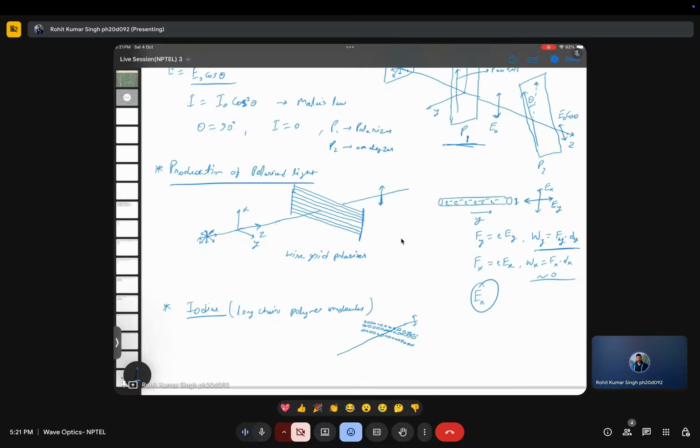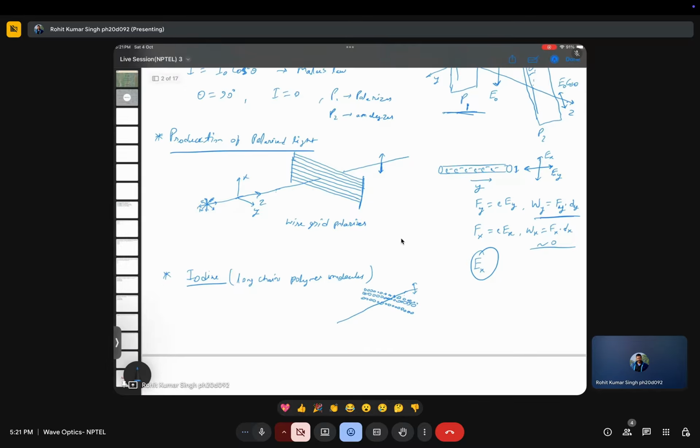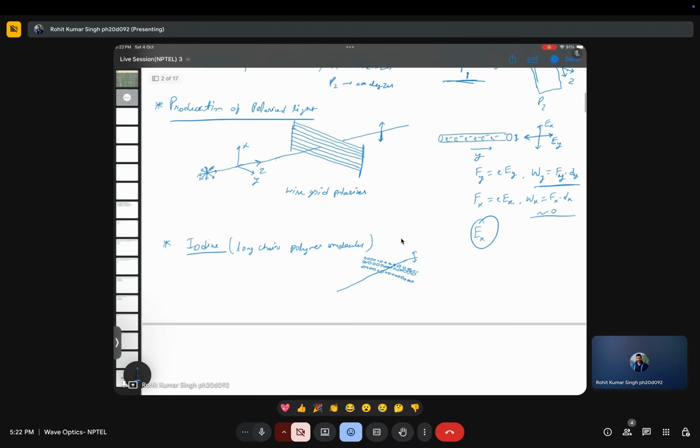and there are various other such materials. There are some anisotropic crystals also, which have different arrangements of atoms in different directions. So it has some interesting characteristic that I will discuss later. But basically this is what happens. Okay, and the principle is the same as this wire grid polarizer.